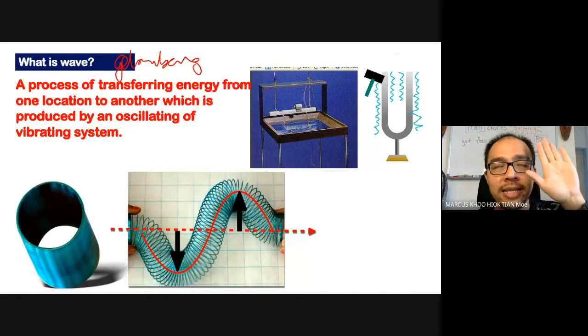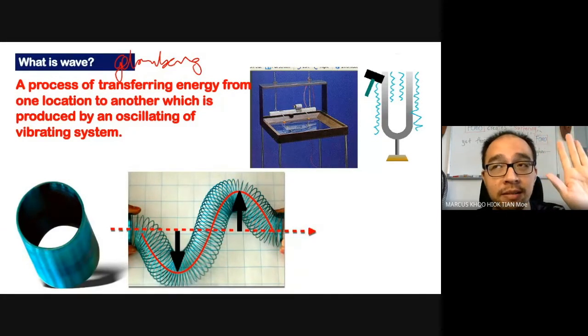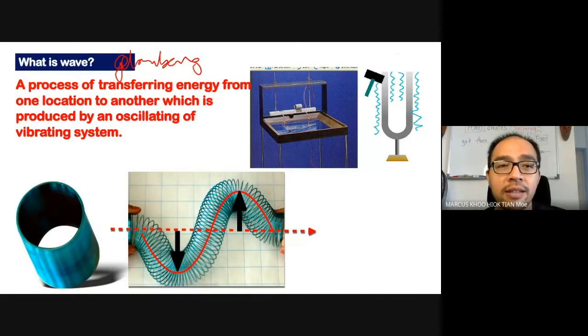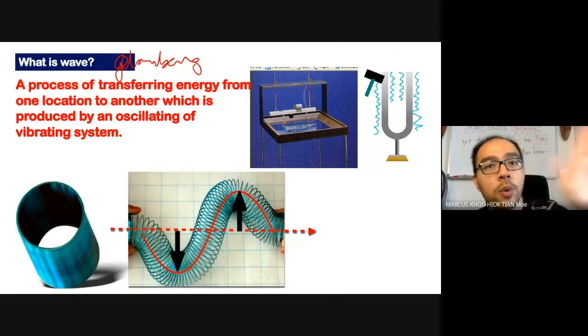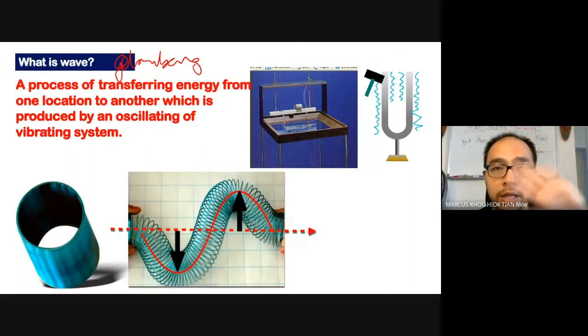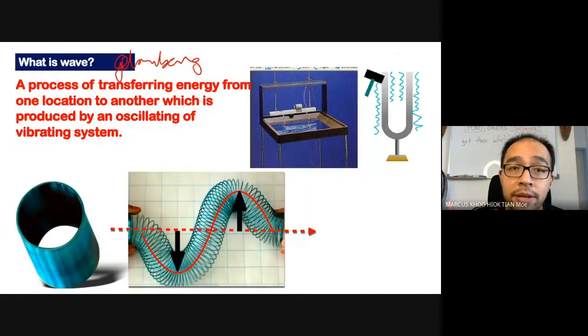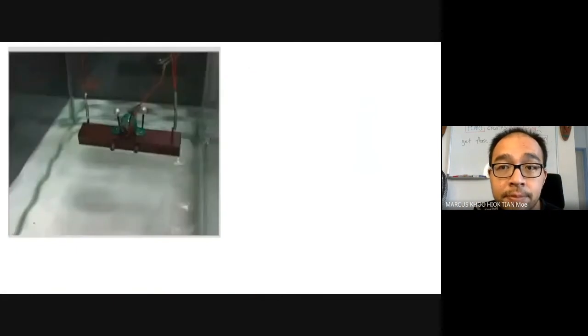This is not a wave, this is a hand in the air. But this is a wave: wave goodbye. Waving always implies a back and forth motion. So a wave is a process of transferring energy because of a vibrating or oscillating system.